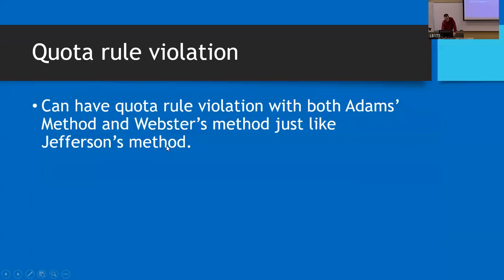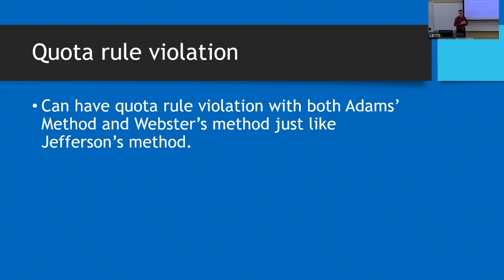All right. So what I was saying there is that both Adams and Webster's method, along with Jefferson's method, could have quota rule violations. But Webster's method is probably, out of those 3, the least likely, because Webster's method sticks closer to the standard divisor. Does that make sense?